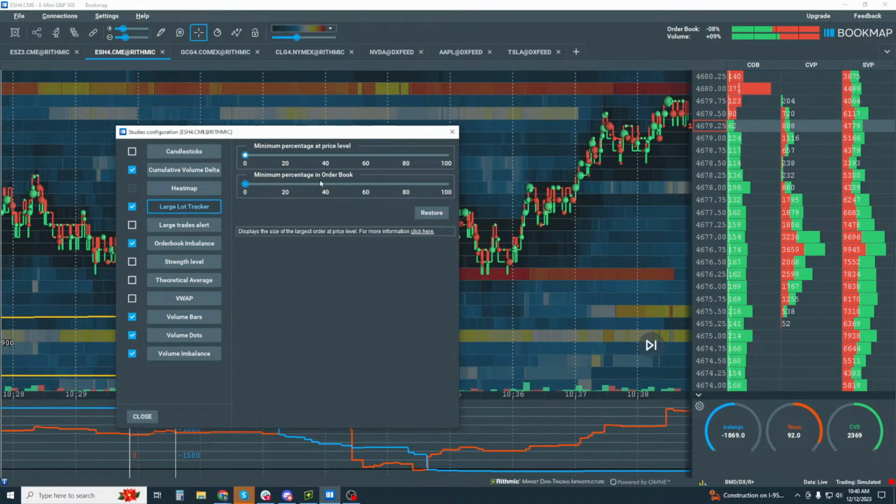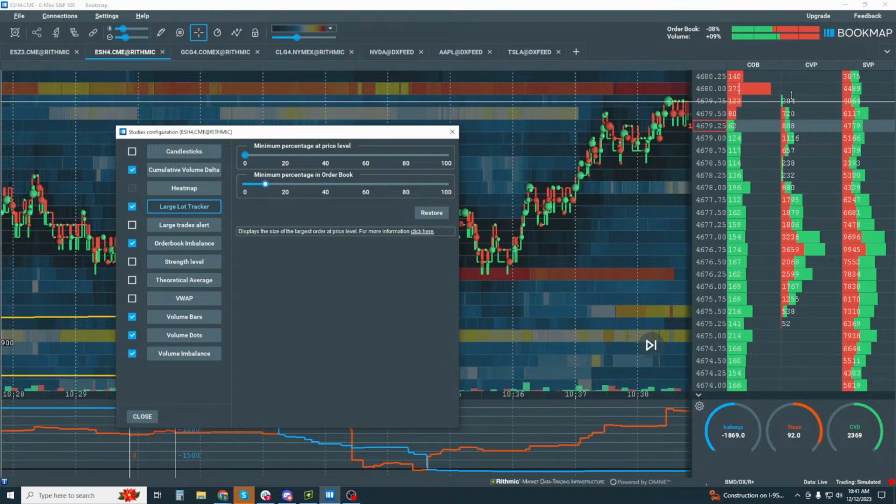And then minimum percentage in the order book. This one's a little different. It's a very strong filter.